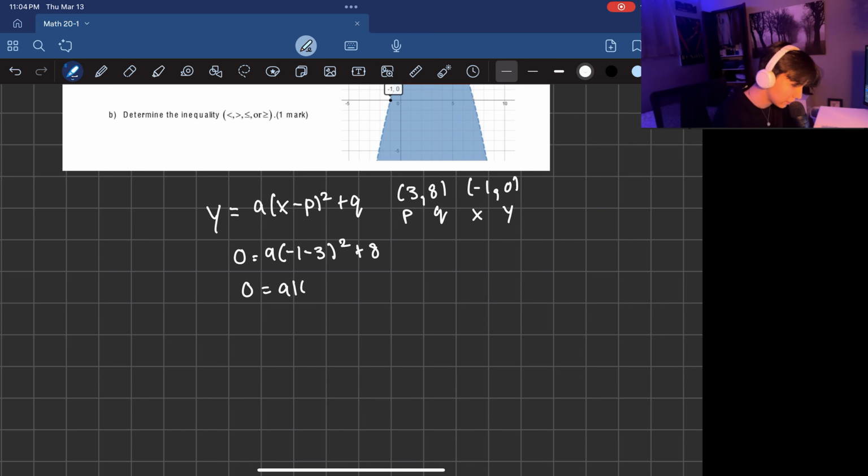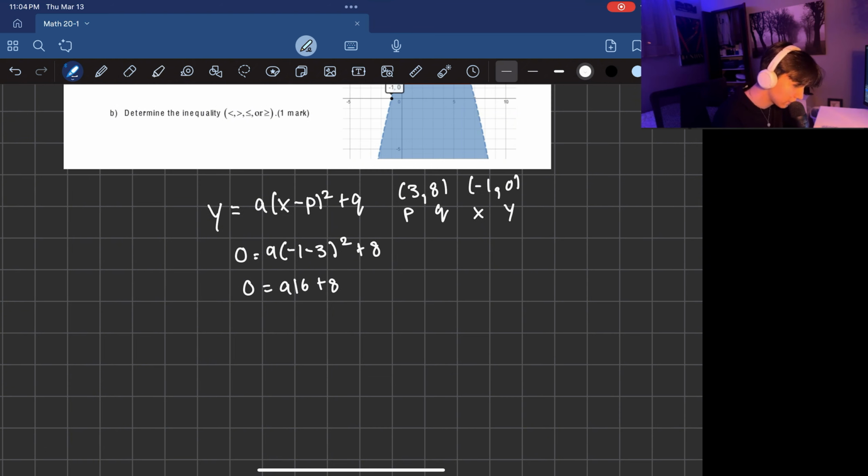So we have a times 16 plus 8 equals 0. So now we're just going to subtract 8 from both sides. I have -8 equals a times 16. And now you have -8 over 16 equals a. Or in other words, -8 over 16, which simplifies down to -1 over 2.